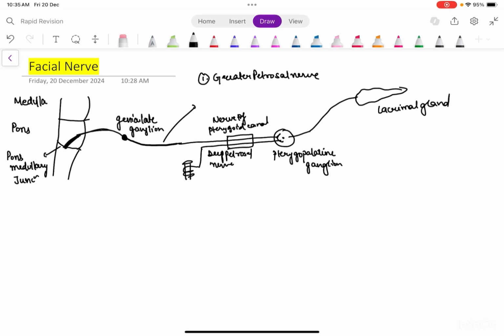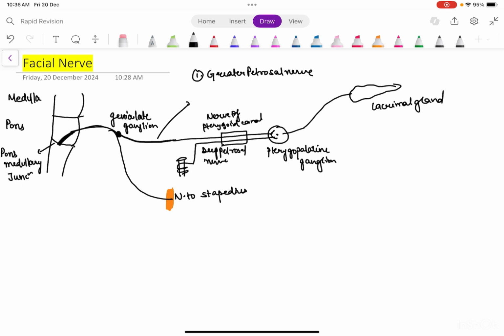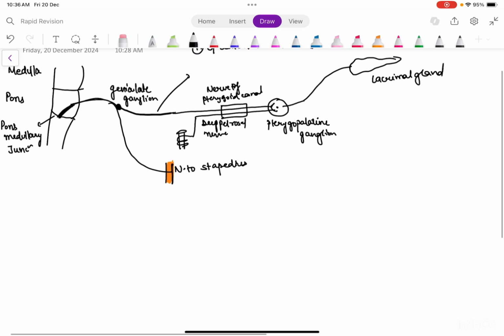Alright, then coming on to the second, which is the nerve to stapedius. Alright, then there is one more, which is our chorda tympani nerve.